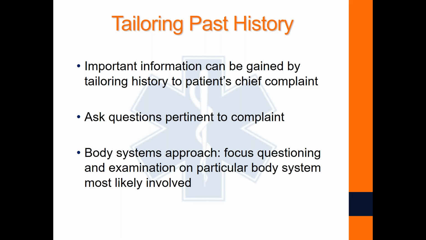We do a body systems approach. We want to look at the body systems that are most likely involved with whatever our patient's complaint is. That's why I say we're going to assess whatever it is that they're telling us. So if they're saying crushing substernal 10 out of 10 chest pain, obviously I'm starting to think cardiovascular in nature. I start thinking of cardiac causes for this.